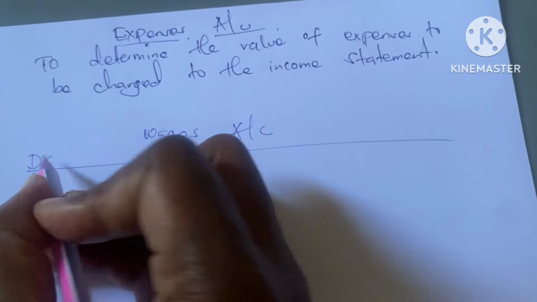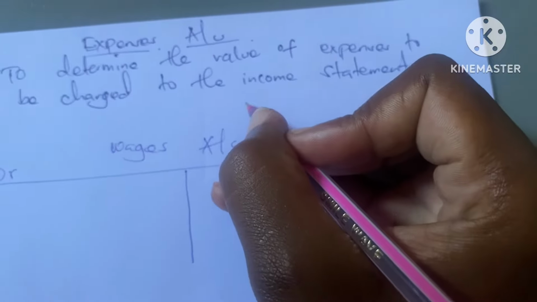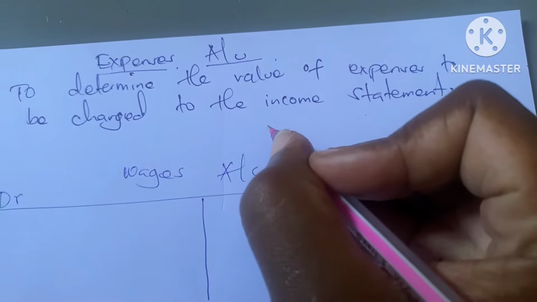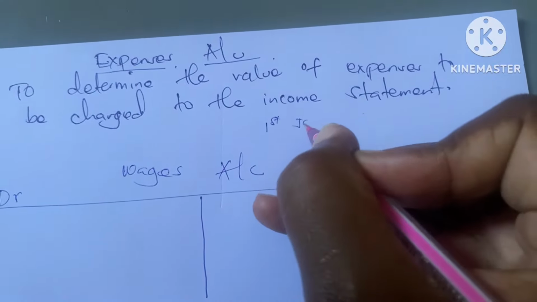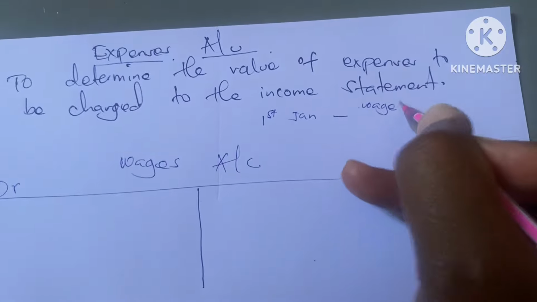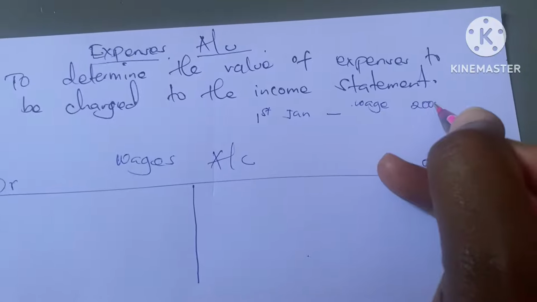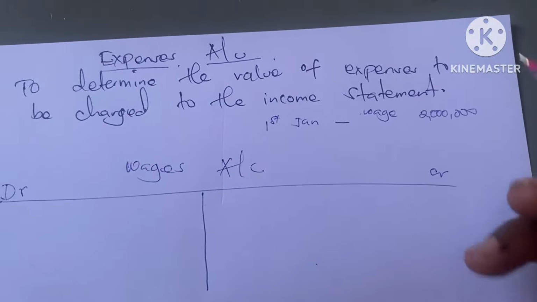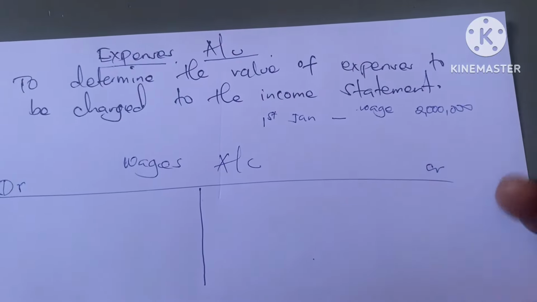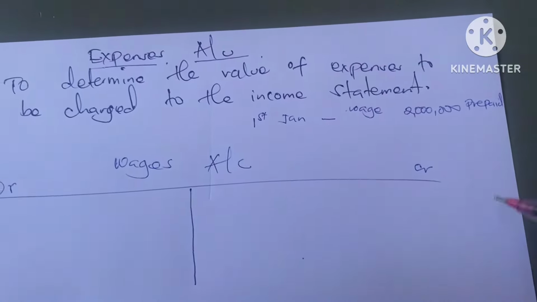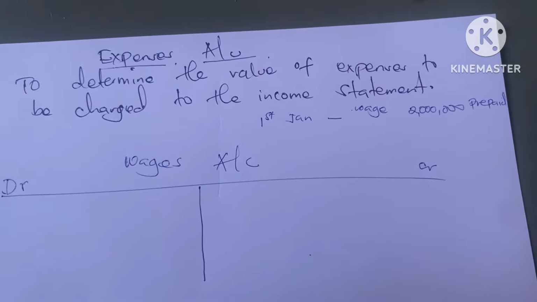Let's say they gave us the opening balance for wages. On 1st Jan, the wages were 2M that were prepaid.